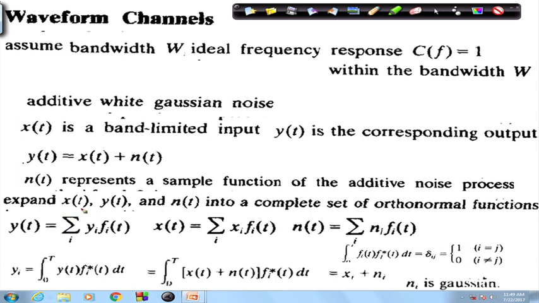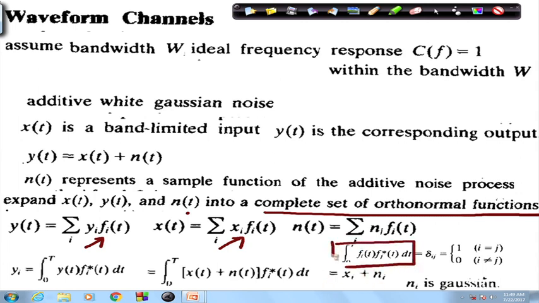So, we expand x(t), y(t) and n(t) into a complete set of orthonormal functions, which we have already done before. We have been doing it throughout. So, y(t) is equal to an expansion in terms of f_i(t)'s, y_i's are the components, same with x_i's. Here we write that the functions are orthogonal to each other.